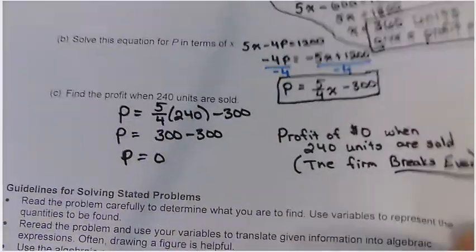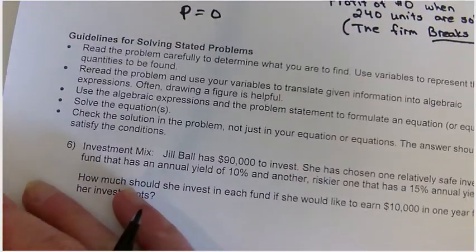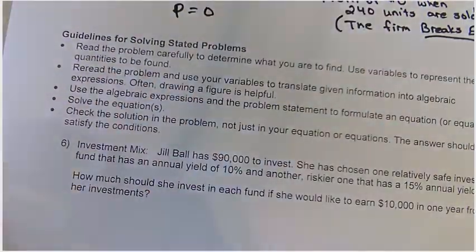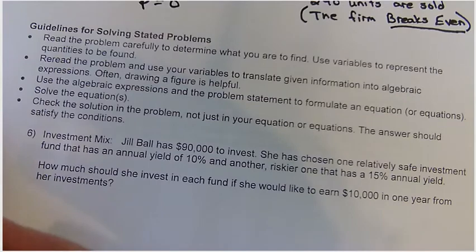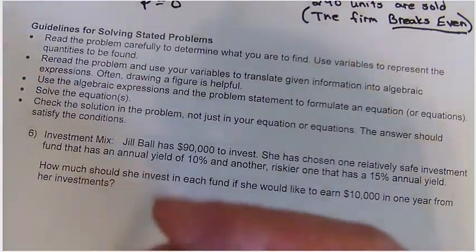All right. Now, there's some guidelines when we're doing these word problems if they don't give us the equation. So the last couple of them, they gave us the equation. The first thing is read the problem carefully. Determine what you're supposed to find. Use a variable to represent what you're trying to find. Reread the problem and use your variables to translate what's given to you into algebra.